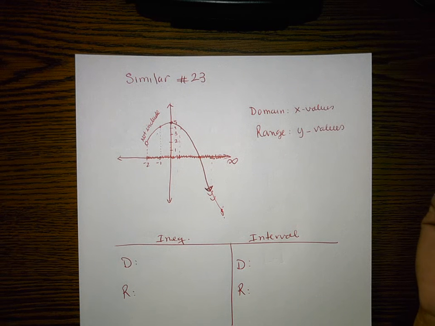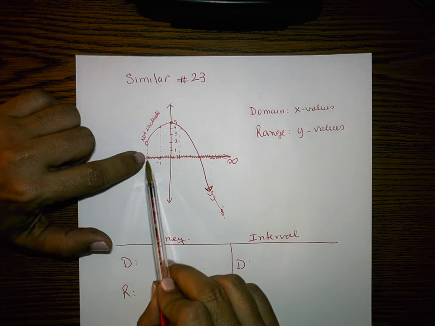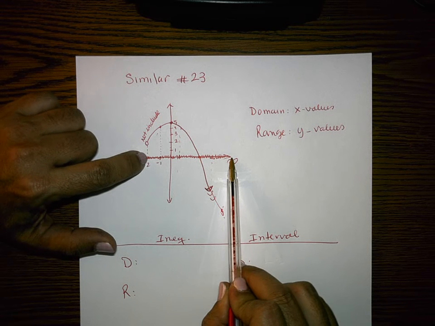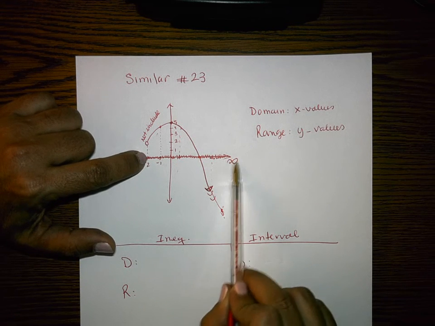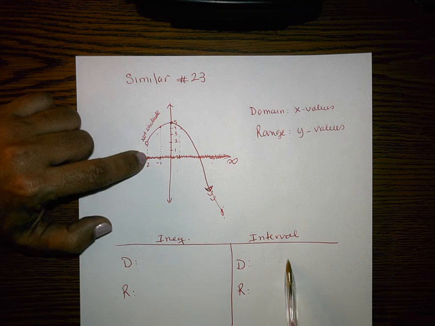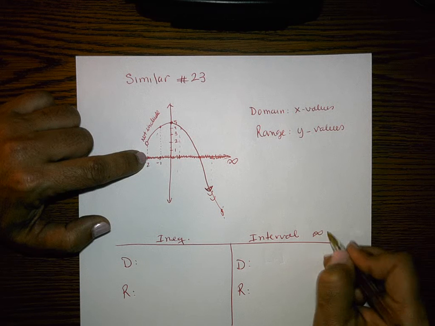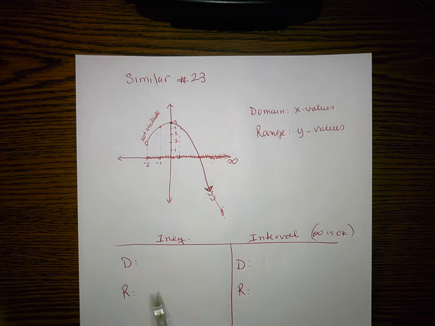Okay, so it looks like my domain is from -2 to positive infinity. We cannot put the infinity sign on our domain in inequality notation. We can here in interval notation, infinity is okay, but I cannot use it in inequality. It's not elegant or correct.